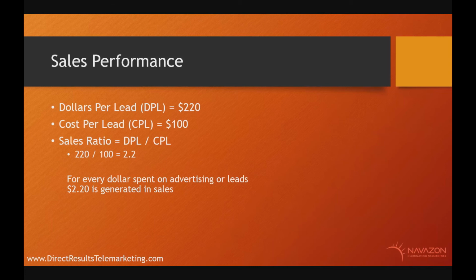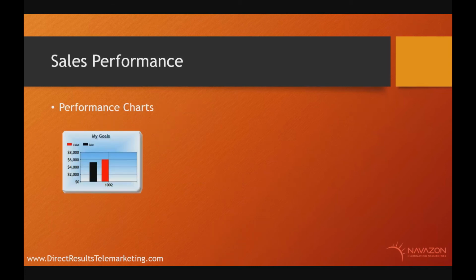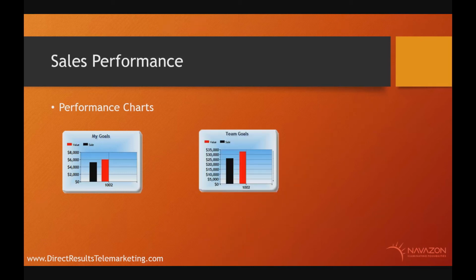They actually see a graphic bar chart showing them exactly what their personal sales target is next to a column showing them their current sales, so they can see clearly where they are now and where they need to be. And they also see their team's sales target, so cumulative sales for their team and cumulative sales target for their team. They're contributing to the overall team effort, so they can see where the team is.